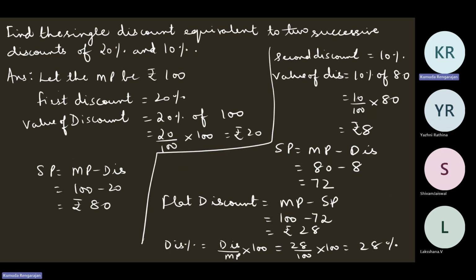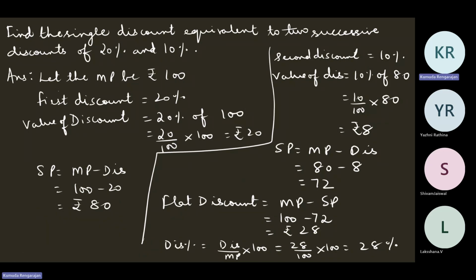That's the question. Find the single discount, that flat discount, which is equivalent to 2 successive discounts of 20% and 10%. So getting 20% discount first, and then on that new price getting 10% more discount is equal to 1 flat discount of 28%.